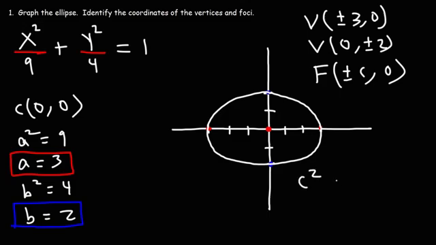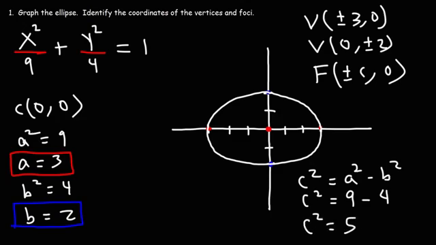We know that c squared is a squared minus b squared. a squared is 9, b squared is 4. 9 minus 4 is 5. Taking the square root of both sides, we get that c is equal to plus or minus the square root of 5. So the coordinates of the foci will be (plus or minus root 5, 0).